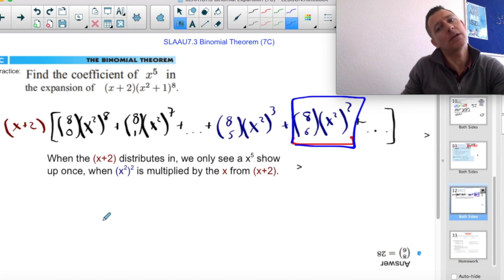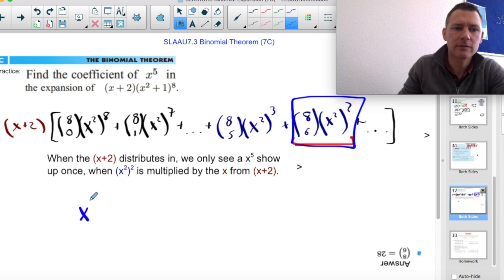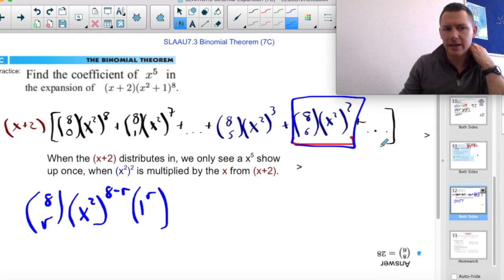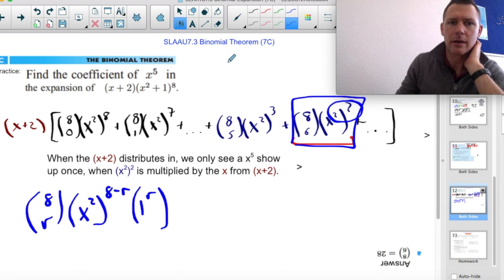So you need x squared to the 8 minus r, you need 1 to the r, and you need 8 choose r. I'm trying to figure out what the r value is. It looks like this is going to occur when the exponent is 4.